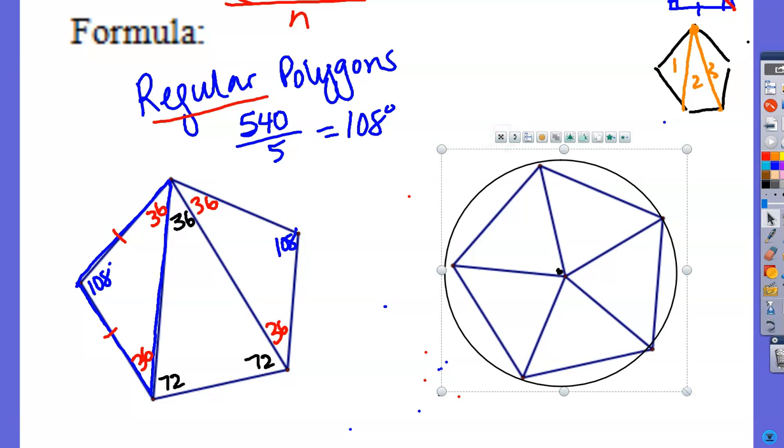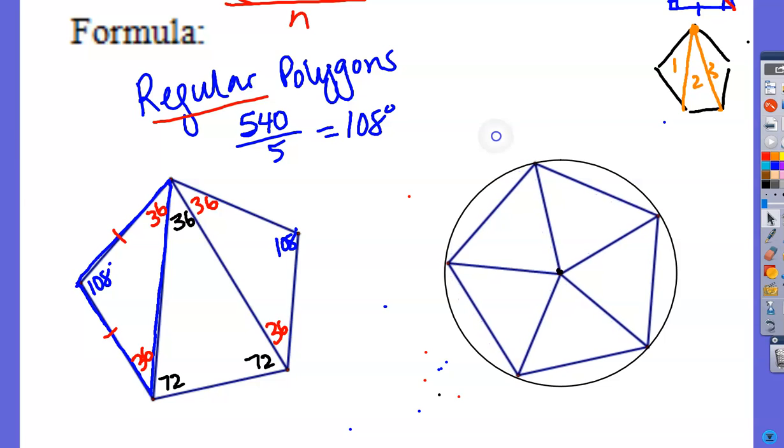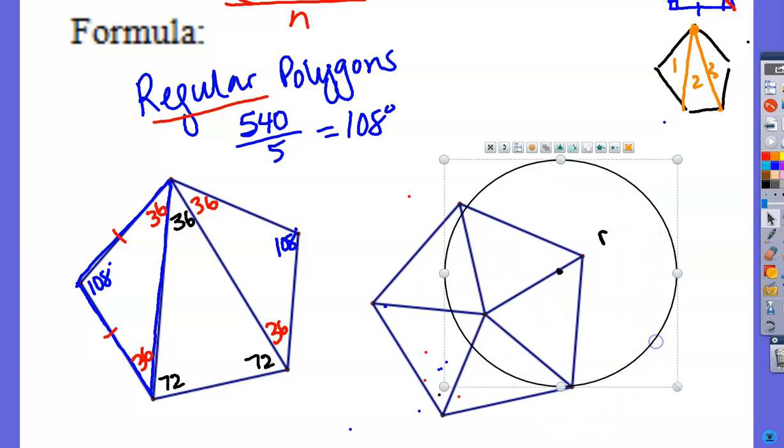If I were to line up the center of the pentagon with the center of the circle, then each vertex would perfectly hit the edge of the circle. It would be an inscribed pentagon. So when I say radius, that's because you're imagining that the center of the pentagon, which goes out to the vertices, would be the same as if you had drawn a circle that went through each vertex. Okay, let me get rid of that little circle if I can.